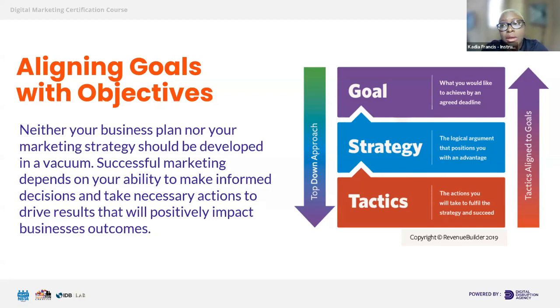Your marketing will only be successful if it is based on your ability to make informed decisions and to take necessary actions to drive results that will positively impact your business outcomes. What am I saying?